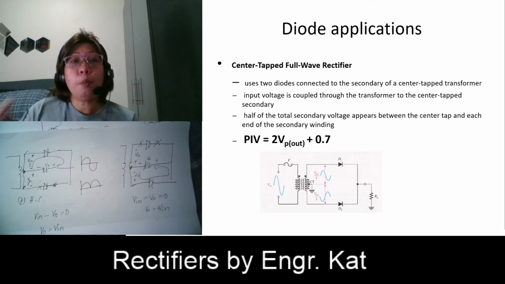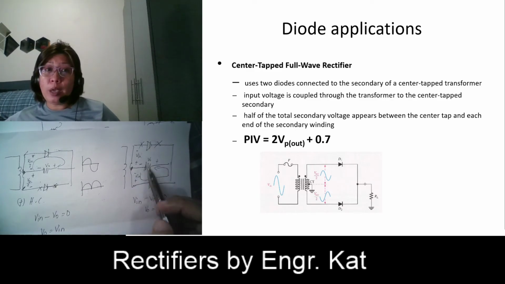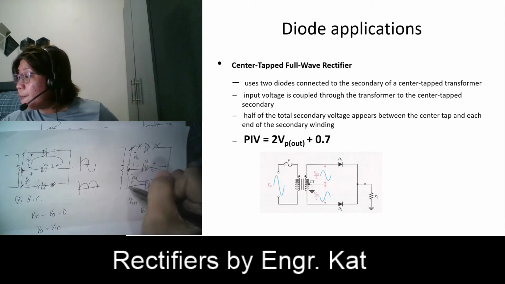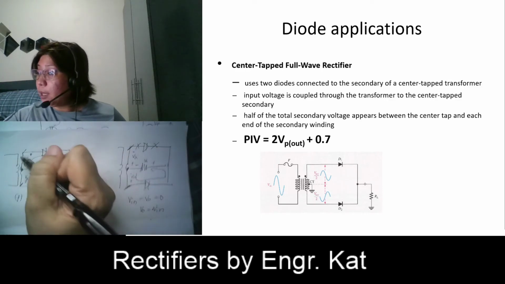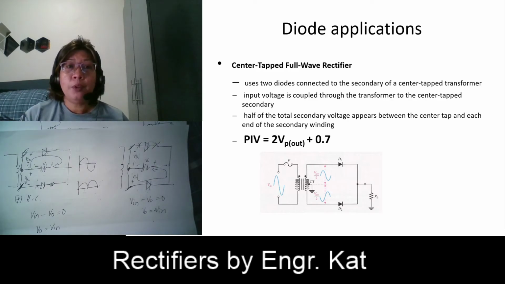Okay, so your PIV. Since this is only half, in reality, if this became open, the entire secondary voltage here will be experienced by your diode. Therefore, it is 2 times VP out, or simply your secondary voltage.